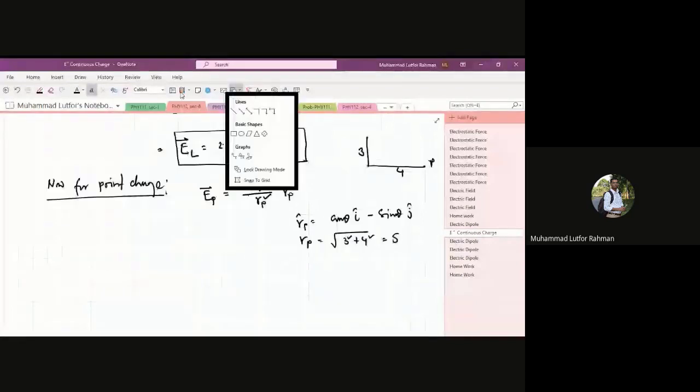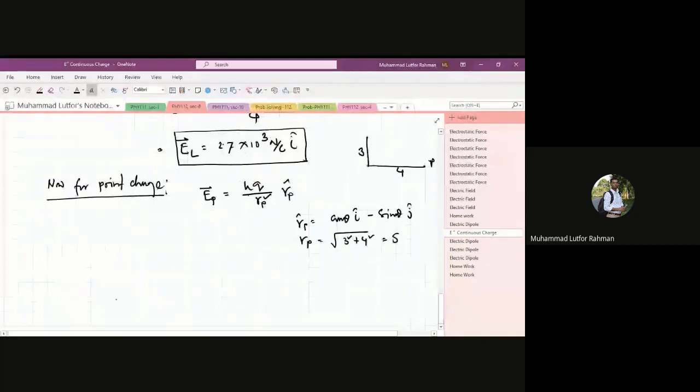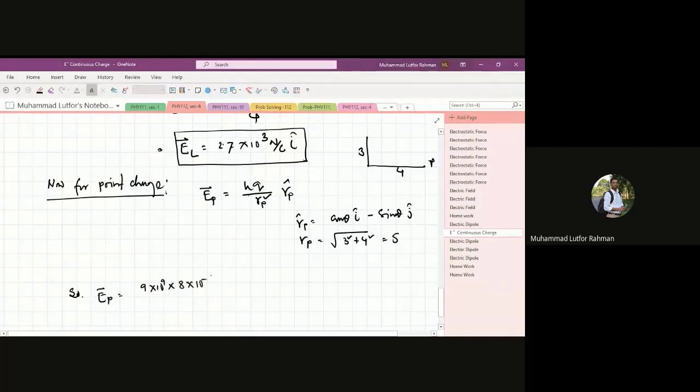Now I can write down this E_P. So this E_P is going to be 9 into 10 to the 9. Charge is 8 microcoulomb, 8 into 10 to the minus 6, divided by R_P magnitude 5 square, into R_P hat. This will be cos theta i hat minus sin theta j hat, right?